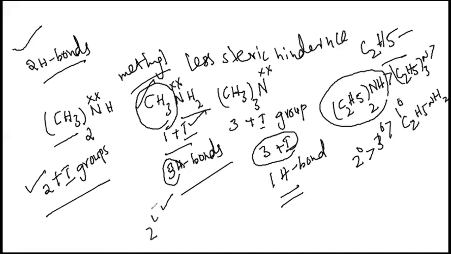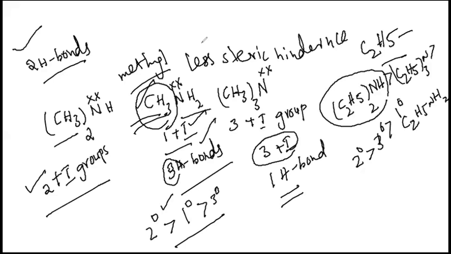Here you take secondary greater than primary greater than tertiary. Even though hydrogen bonding is more, we give it priority because of the less steric hindrance of CH3 compared to C2H5.